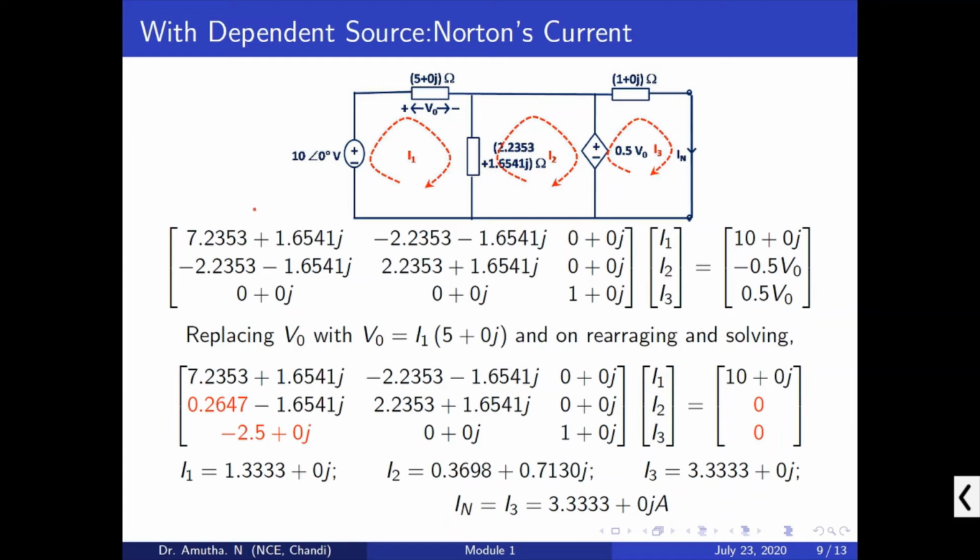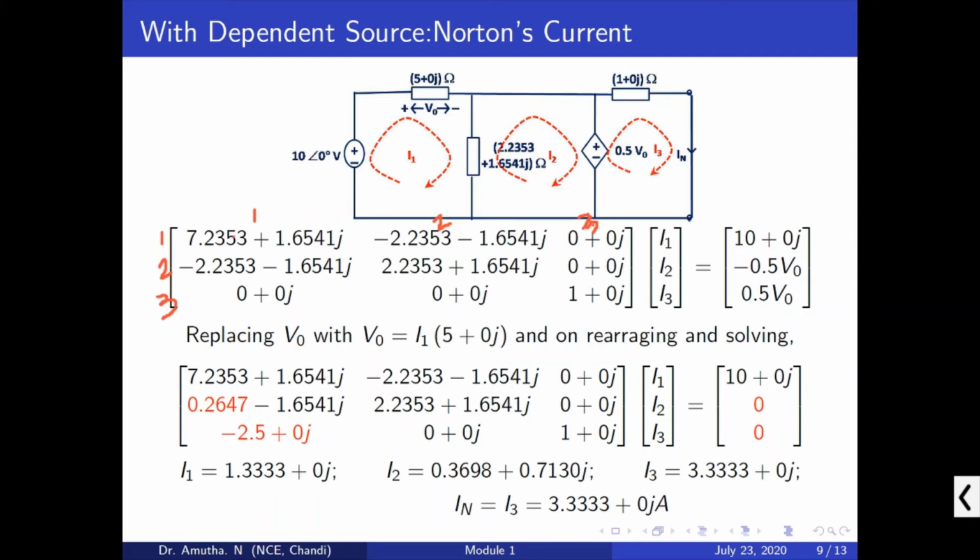So we are having a 3 by 3 impedance matrix. This is for the first loop, this is for the second loop, and this is for the third loop. And here also this is for the first loop, this is for the second loop, and this is for the third.